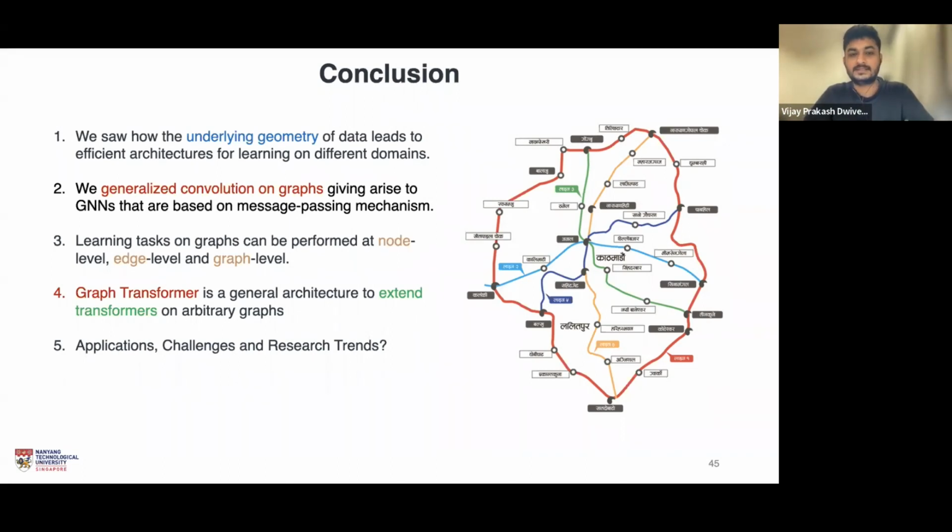And then we discussed the graph transformer, which is a general architecture to extend transformers to ordinary or any kind of graphs. This is an active area of research, and we will still see new kinds of models developed in the coming months or years. So now, after these discussions, let's see what some real world applications are that have been done in the last 2 years, what the challenges are, and what the future research trends are.